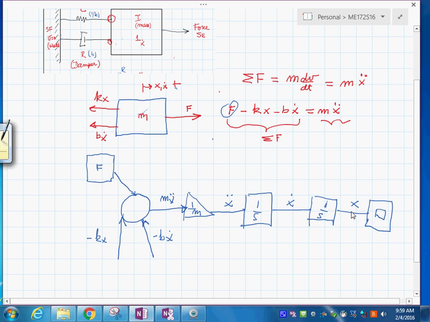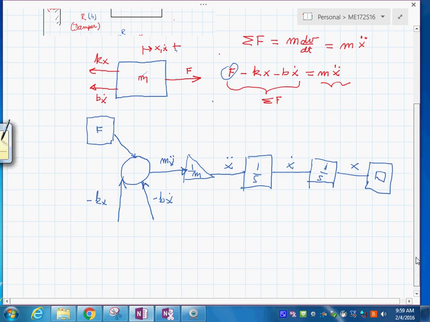But this is x dot, which suggests that if we multiply it by b, we obtain this.